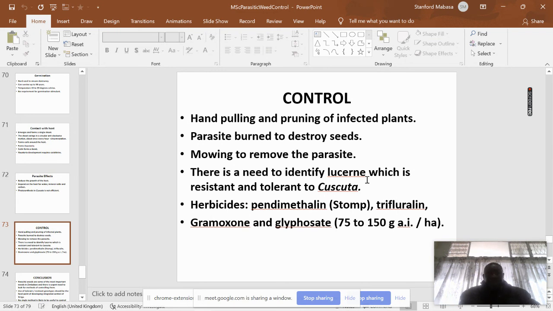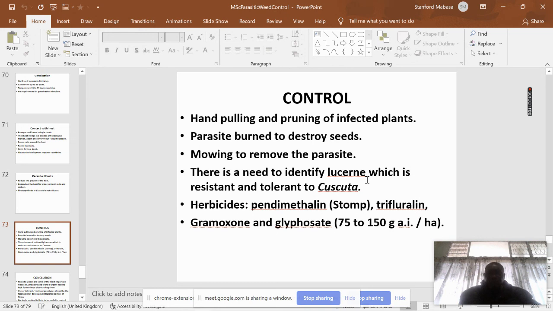Then herbicides, you can actually spray pendimethalin or Stomp or trifluralin. These can interfere with the parasite at the seedling stage. So timing is very important.